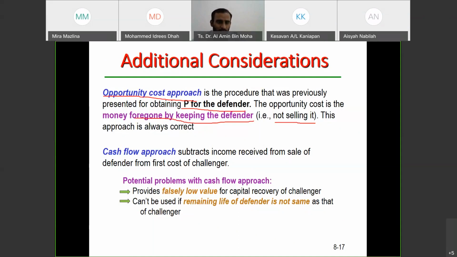So this approach is always correct. The cash flow approach subtracts income received from sale of defender from first cost of challenger. Potential problems with the cash flow approach: it provides falsely low value for capital recovery and can't be used if remaining life of defender is not the same. Okay, that's fine.